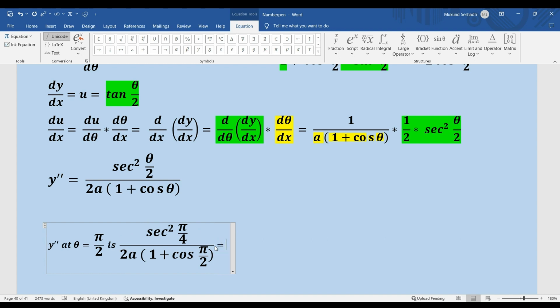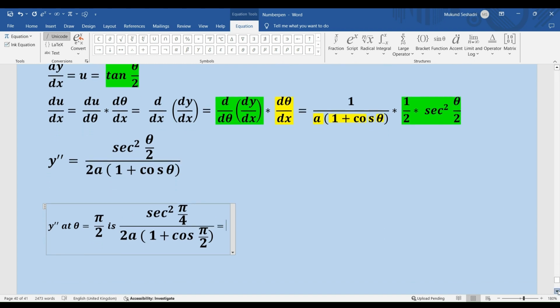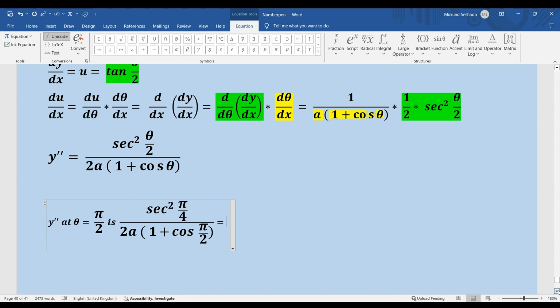Now we know our trigonometry. My secant of pi by 4 is root 2, and therefore my secant square pi by 4 is nothing but 2. And then I have a 2a in the bottom, and then I have a 1 plus cos of pi by 2.